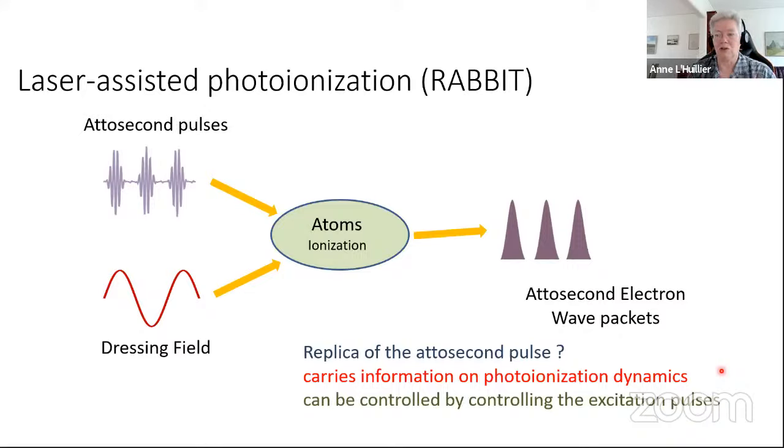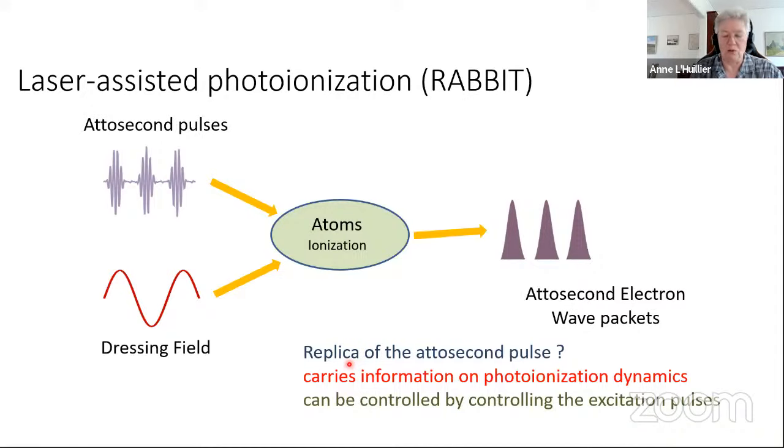Now, maybe the third way to use this process is, let's not concentrate on attosecond pulses, nor on ionization, but really on the attosecond electron wave packet. Can we control photoionization? Can we control our attosecond wave packet by controlling the attosecond pulses?